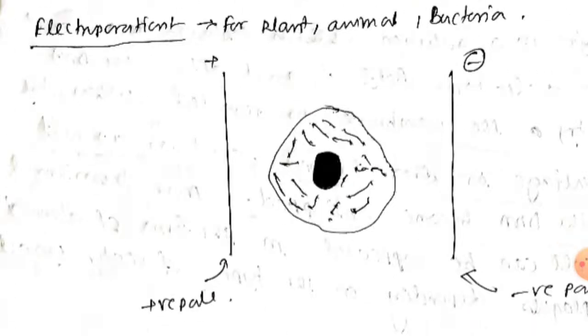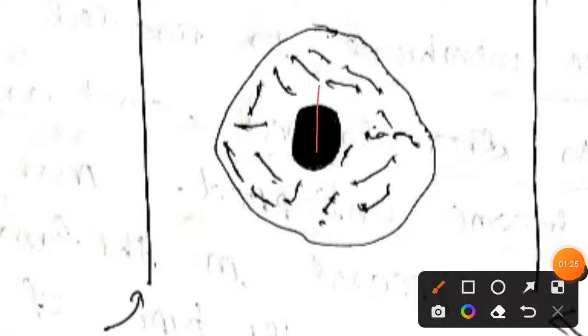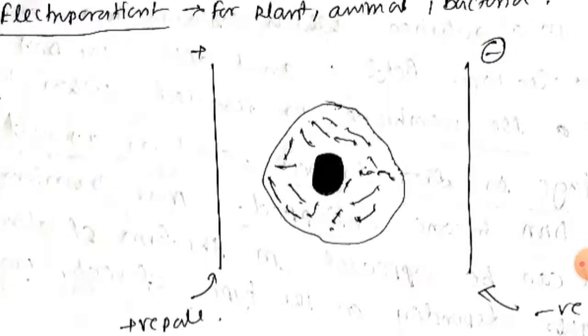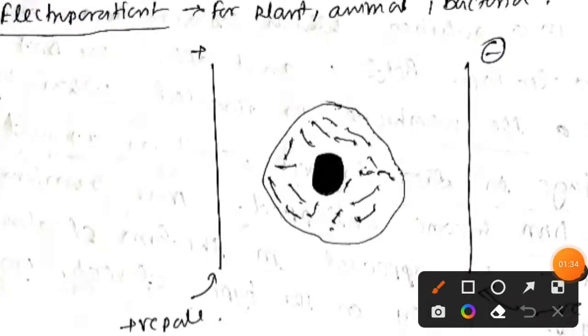So now we will take the help of an electrical impulse to create pores via which the DNA can enter inside the cell. How can those pores be generated? For that purpose we will use an electrical impulse of optimum voltage for a very small amount of time, let's say a few microseconds to milliseconds, applied through the solution.